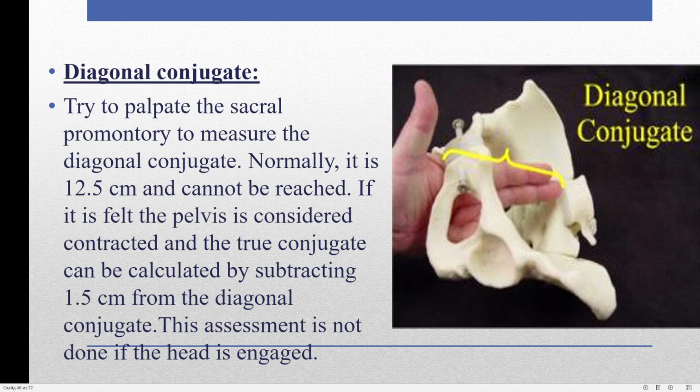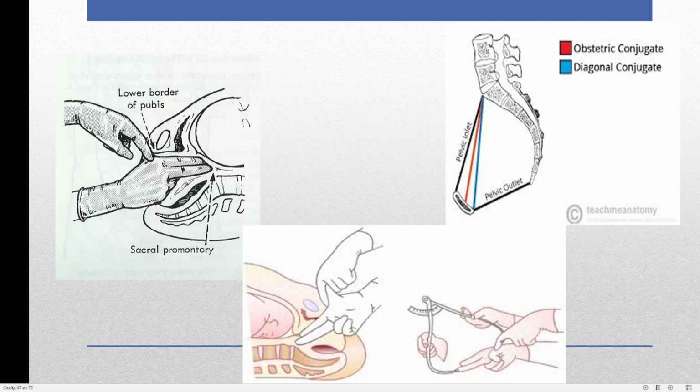This assessment is not done if the head is engaged, only if the presenting part is above the first plane. I repeat again, the diagonal conjugate is the distance between the promontorium and the lower part of the pubic symphysis. If we subtract 1.5 centimeters, we will know the length of the true conjugate.